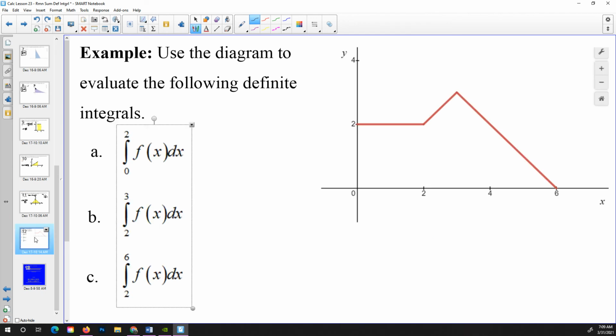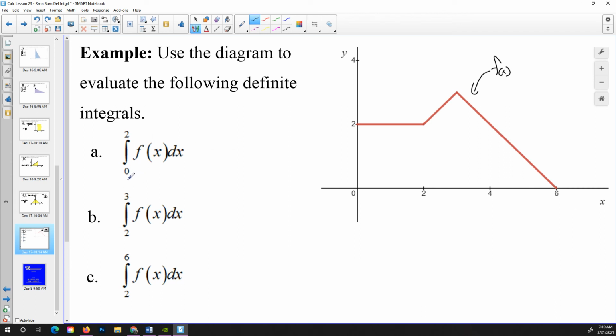All right, final example. Use the diagram to evaluate the following definite integrals. Okay, so this right here is my f of x, and it is defined by 1, 2, 3 line segments.